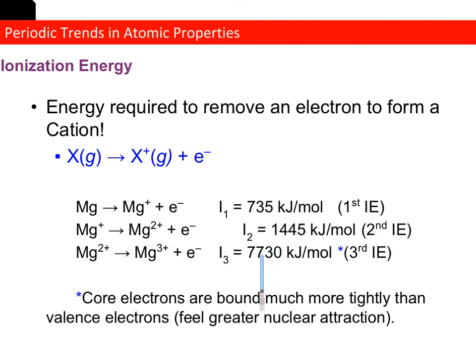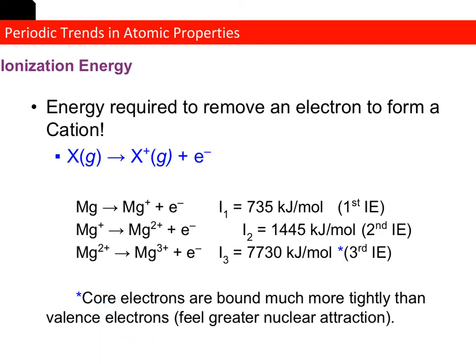But check out this jump. If you go from a +2 magnesium to a +3 magnesium, look at how much more energy it takes. What's happening here is, remember, magnesium has 2 valence electrons. So the first one's kind of hard and the second one's even harder yet. But to remove the third electron, you now need to remove a core electron, no longer a valence electron.